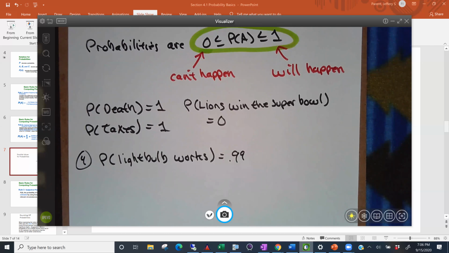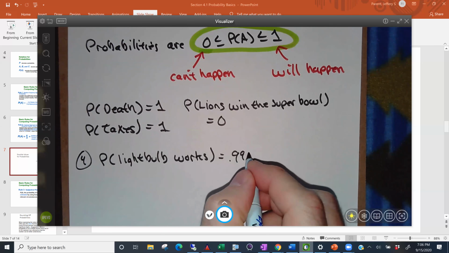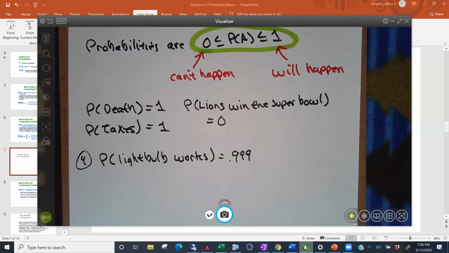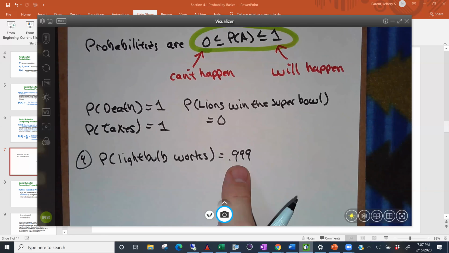So that means 99 times out of 100, you're going to go to that light switch and it's going to turn on. In fact, maybe even 0.999, because they almost always work, right? I mean, it goes months or years before you have to replace one, especially if you've got a good LED bulb. So yeah, something high is what I'm looking for here, something pretty close to 1. But should I just put 1 there itself?